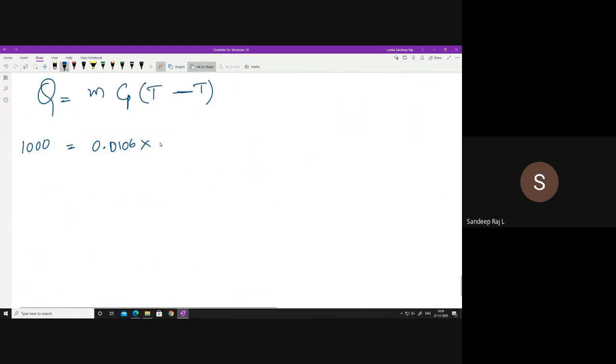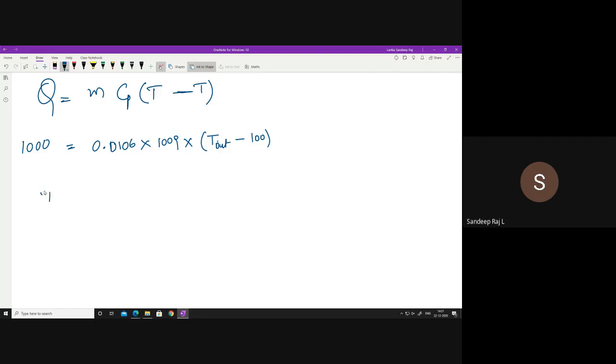So 1000 is equal to m dot into 1009 into the temperature difference. Among these two, one temperature is 100, that is known to you, and the higher temperature will be the unknown temperature, that is T outer, minus 100.